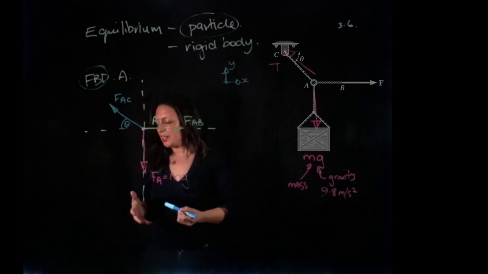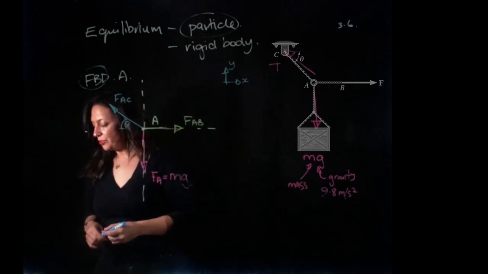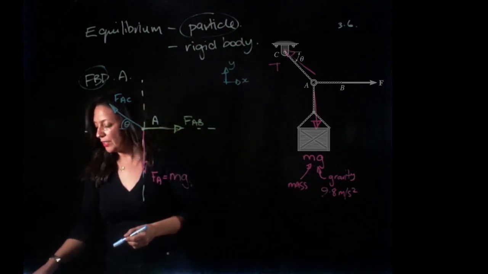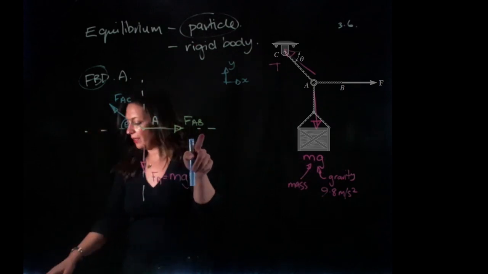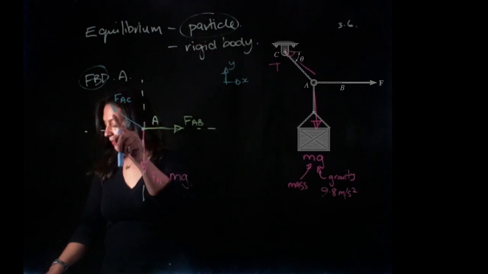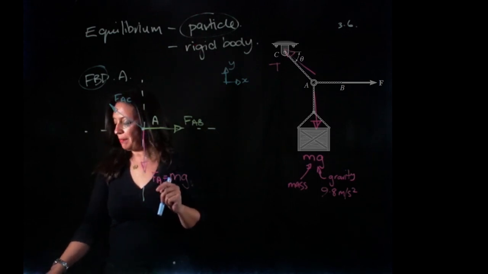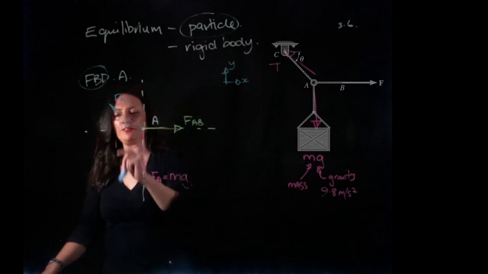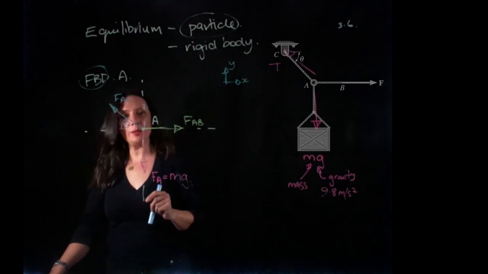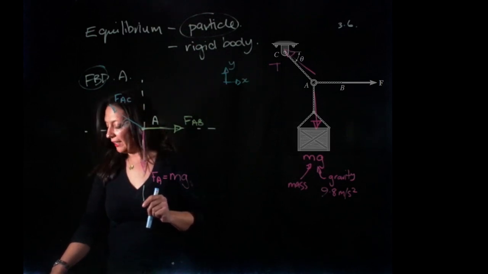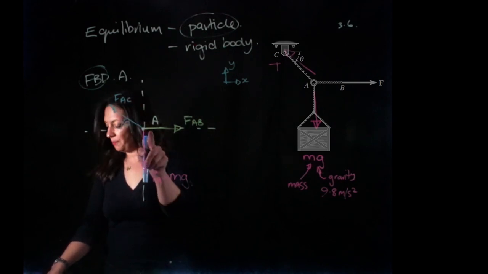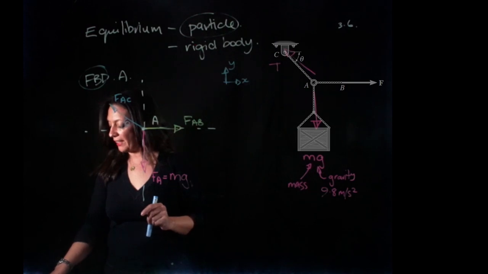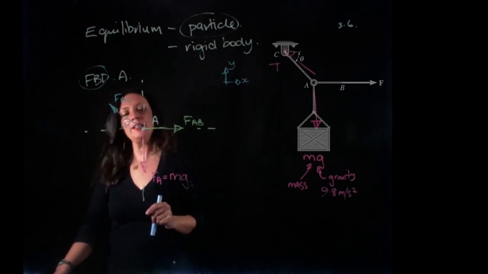This question says, a 500 Newton crate is hoisted using ropes AB and AC. Each rope can withstand a maximum tension of 2,500 newtons before it breaks. Rope AB always remains horizontal. Draw the free body diagram for ring A, which we've done, and determine the smallest angle theta to which the crate can be hoisted.